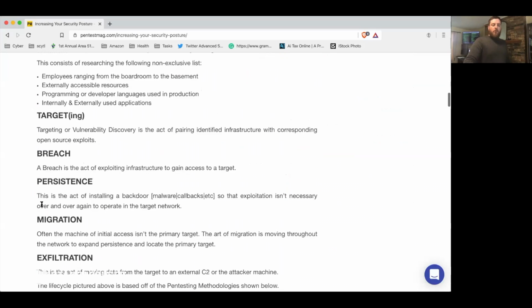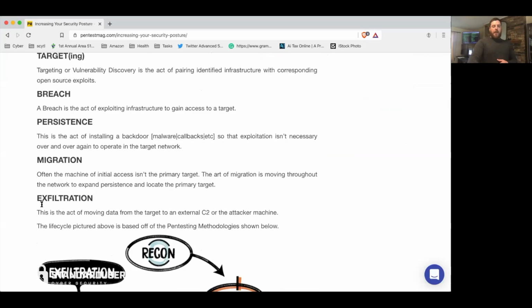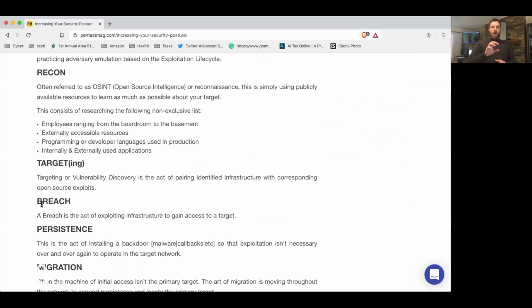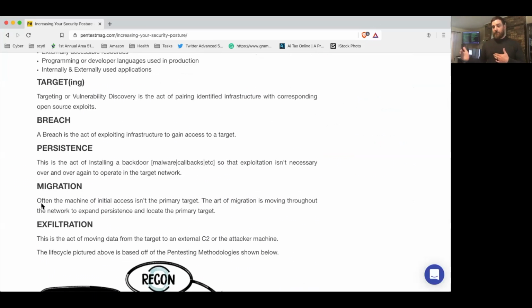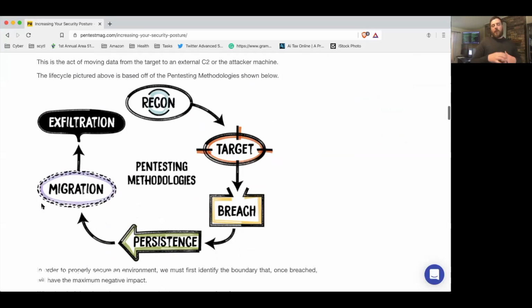Moving through, those are broken up into recon, targeting, breach, persistence, migration, and exfiltration. The image that we'll use throughout the course of increasing your security posture is shown here. The pen test methodologies are based off real-world methodologies of how attackers attack corporate or enterprise environments.